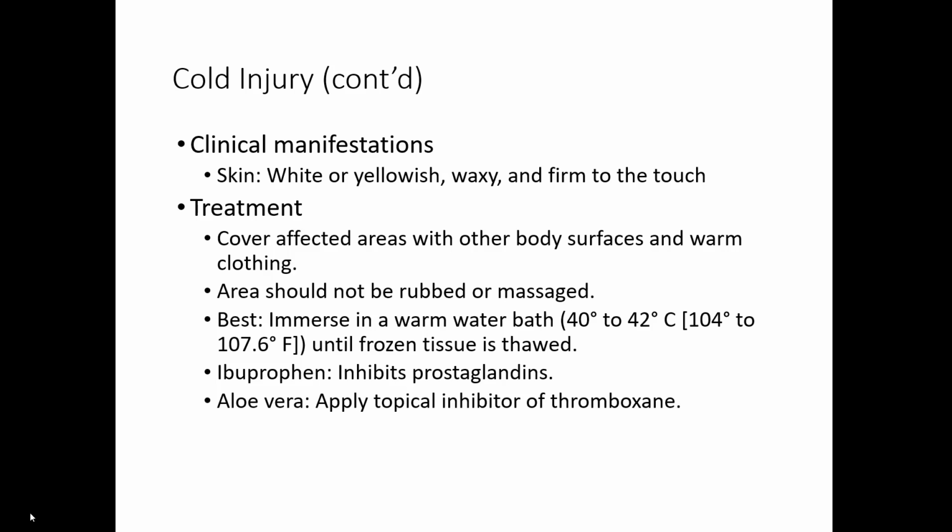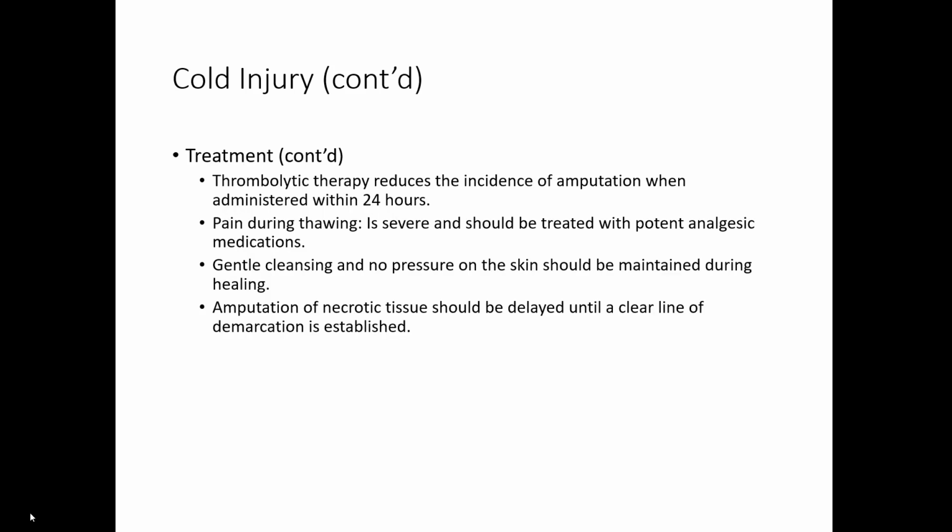And then some are recommending the use of aloe vera, applying the topical inhibitor of thromboxane. In severe cases, thrombolytic therapy reduces the incidence of amputation when administered within 24 hours. Pain during thawing is severe and should be treated with potent analgesic medication. So this is the time that we break out the IV pain meds.